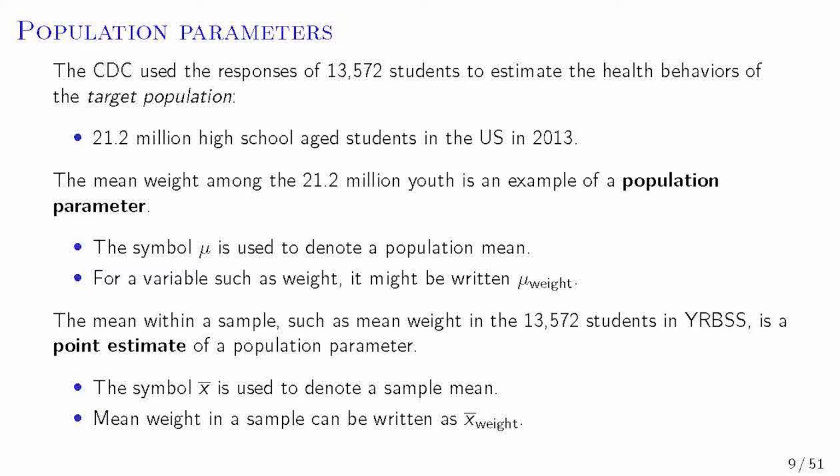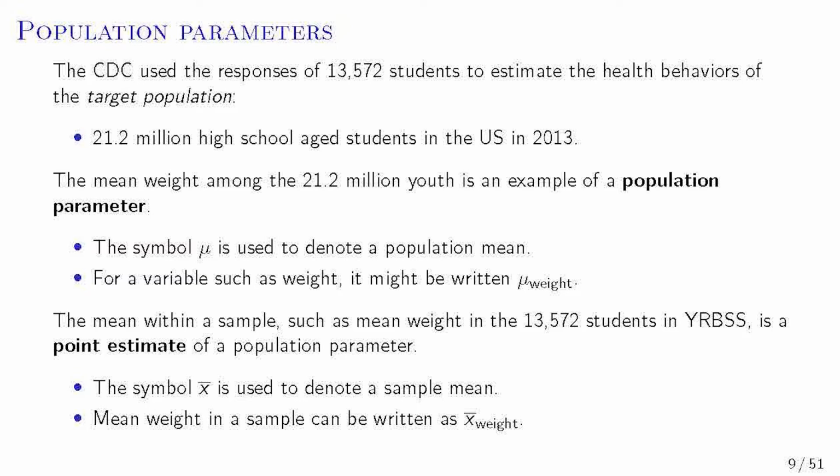The CDC used responses of these 13,572 students to estimate health behaviors of a target population. The target population is the 21.2 million high school age students in the US in 2013. The symbol mu, that U looking thing, is used to denote a population mean.